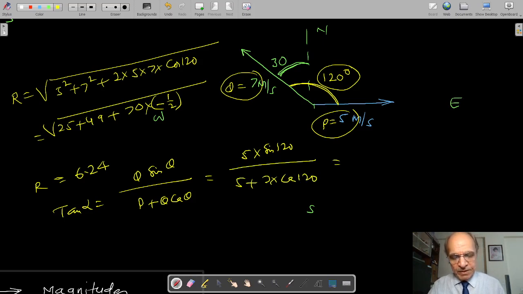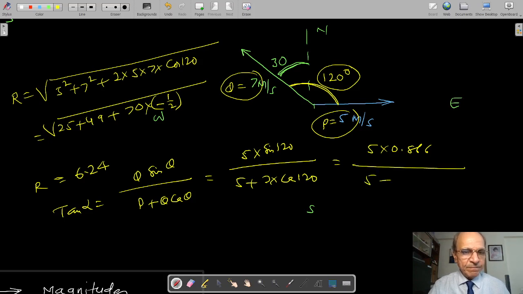Now what is sine 120? Sine 120 is 0.866. So 5 into 0.866 divided by 5 plus cos 120. Cos 120 is minus 0.5 multiplied by 7, so minus 3.5.